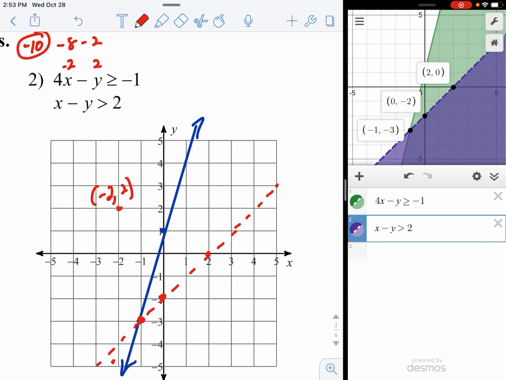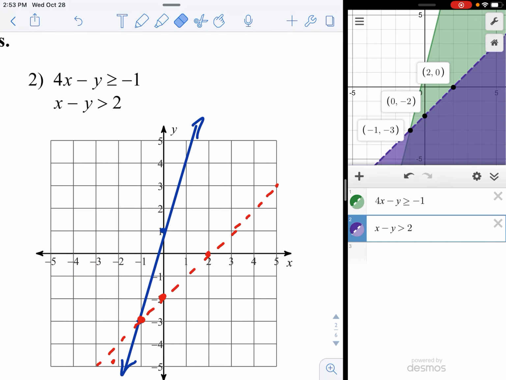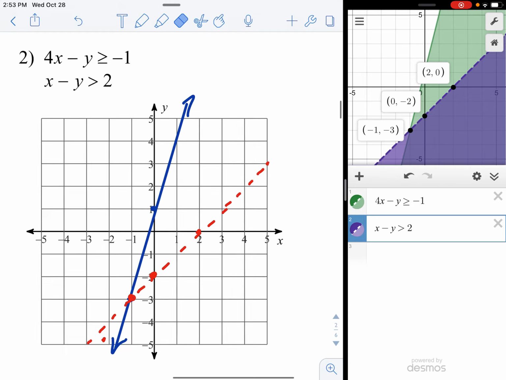Is negative 10 greater than or equal to negative 1? No. If I plug it into the second equation, I get negative 2 plus 2, which is 0. Is 0 greater than 2? No. So this point right here and this whole area that it's in doesn't contain any points that'll satisfy or work for either of those inequalities.